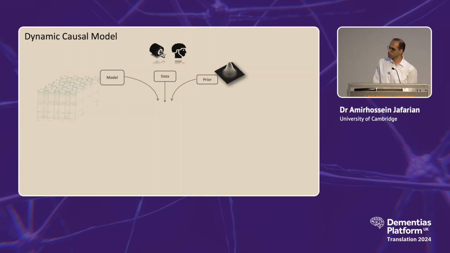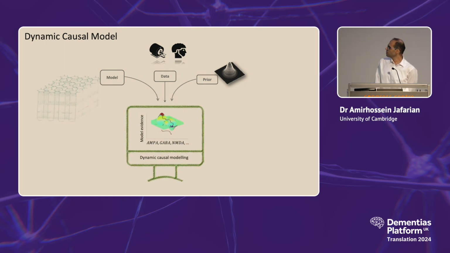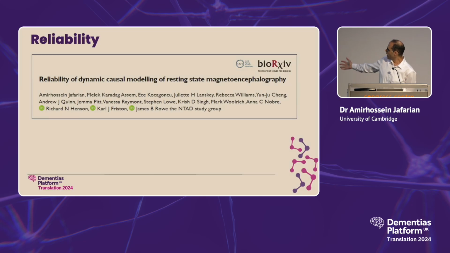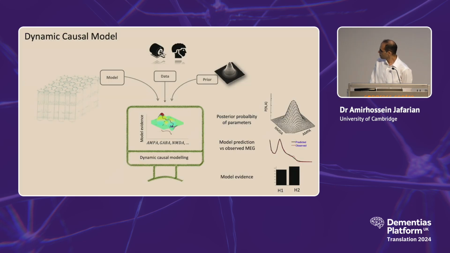In other words, all we are doing is adjusting the model accuracy penalized by its complexity, which is known as model evidence, by changing the ion dynamics like AMPA, GABA, NMDA, and so on, to get what we call model prediction versus observed data.